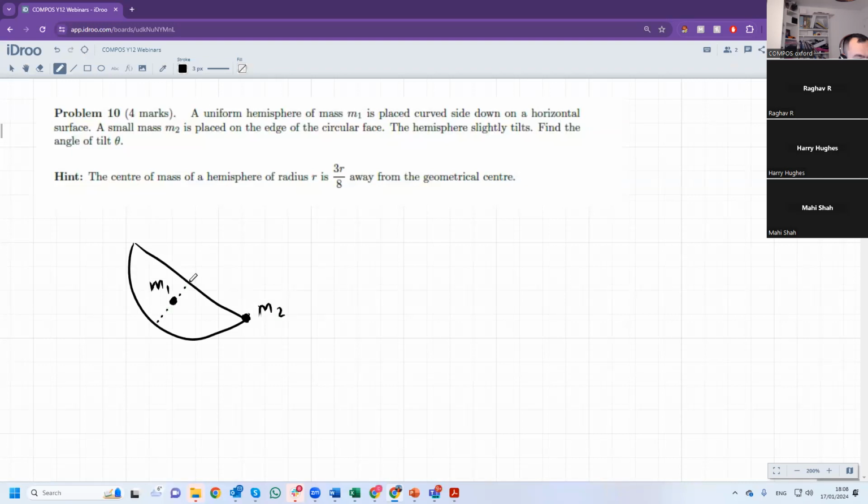So if this is the center of the hemisphere, you draw a line like this. This is the pivot.